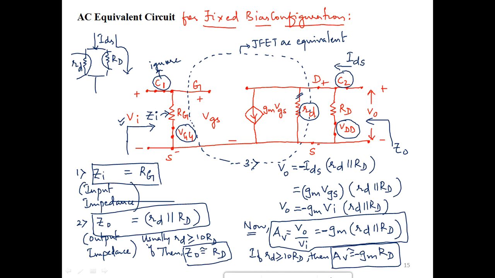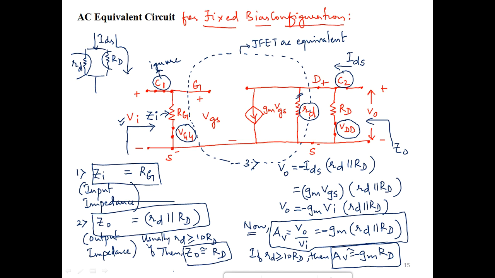Okay, so what have we done? We have just understood how to represent a JFET by its AC equivalent model. Then taking that particular AC equivalent model, we have included it in the fixed bias configuration, and at the same time we have also replaced the corresponding AC equivalents of the capacitors and the fixed DC biases, and then clubbed it, combined it all together, and obtained the complete AC equivalent model for a fixed bias configuration.